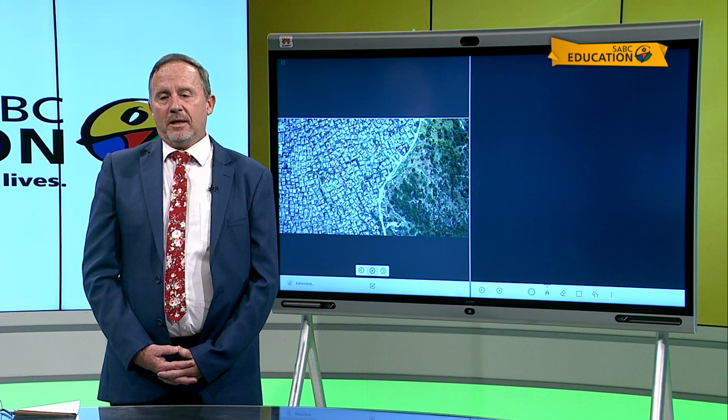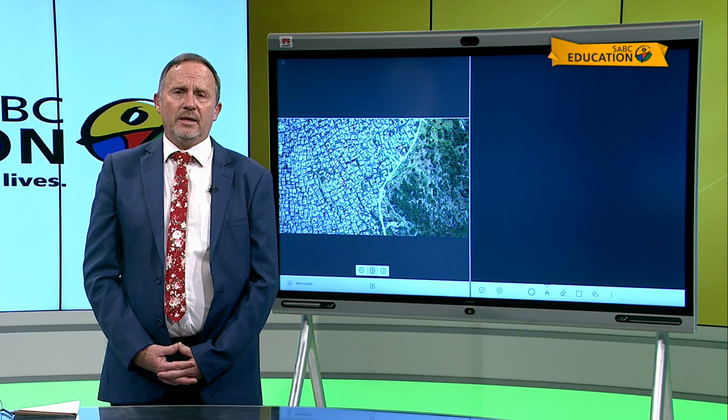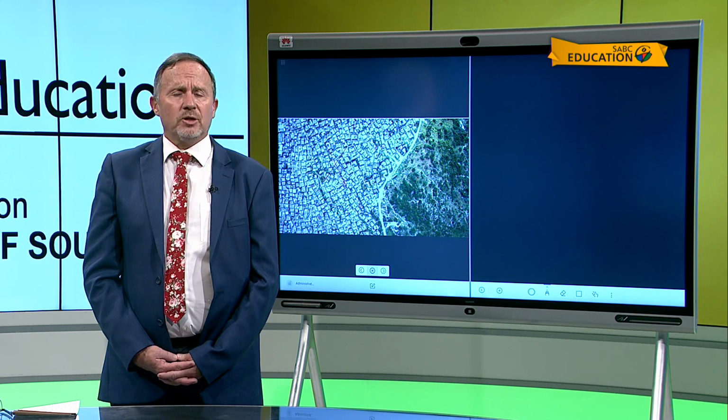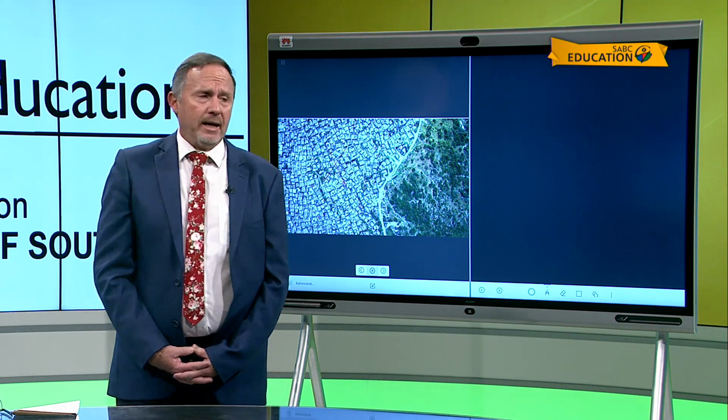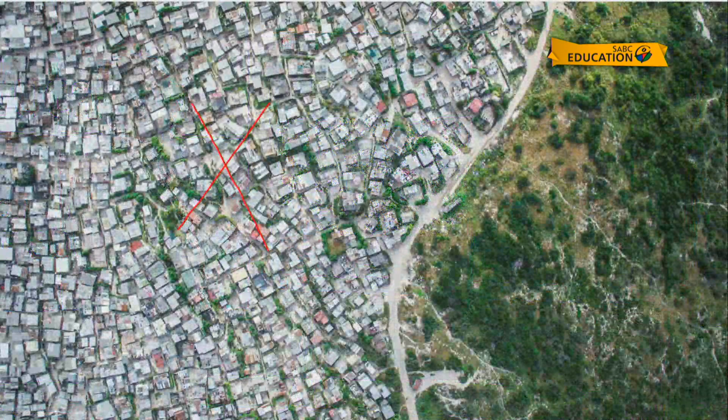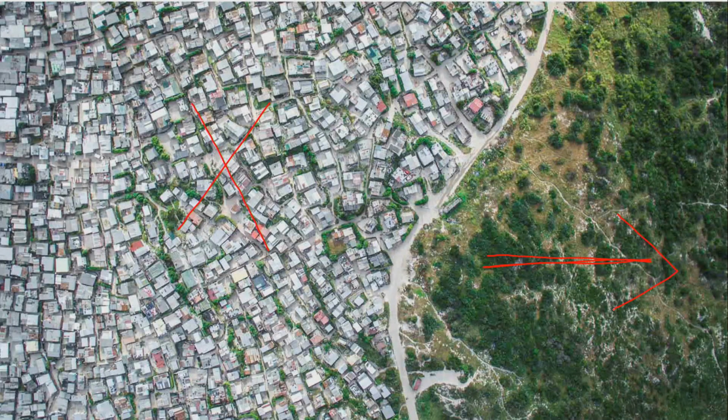I think in the 20 years that we've had since our 1994 elections, those economic choices have become even harder. And here, the people on this side, where I've put the X, there's no choice. And on this side of the picture, look at the unused land.